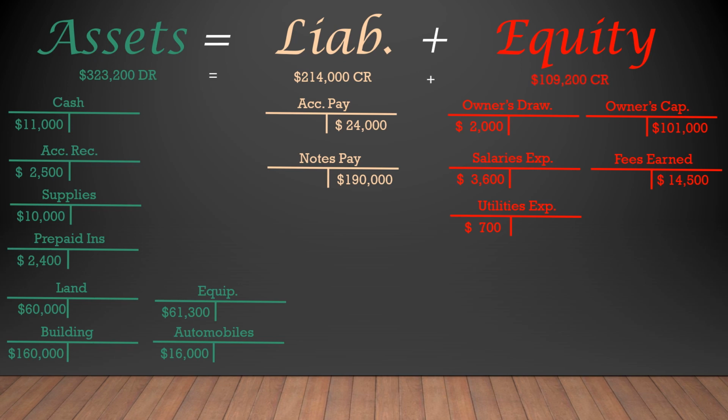Note that the debit balances in expenses and drawings offset the credits in the other equity accounts, revenue, and owner's capital. This reduces our overall credit balance. Sum the two accounts together of equity and liabilities, and you have a $323,200 credit balance on the right side of the equation, which equals the debit of assets on the left. Our equation maintains its balance after every single transaction.